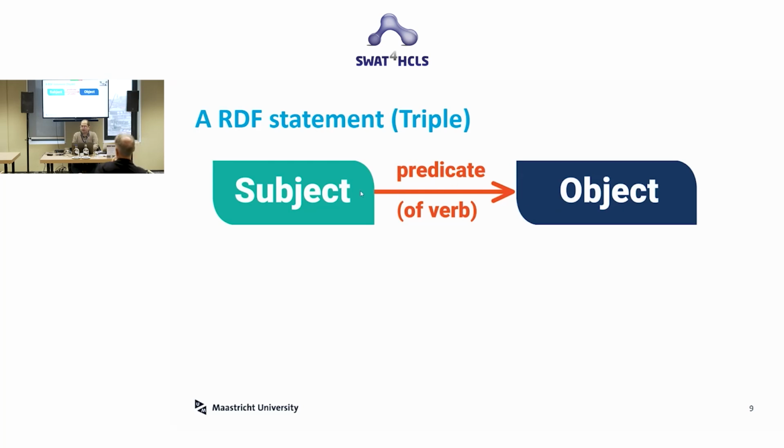Here the subject could be Bob, as we saw before. The predicate could be was born in, and then the object is the location, the city, or was born on, then the date, right? So any statement in life with this model, scientific or not scientific, in any discipline, can be represented as subject, predicate, object.